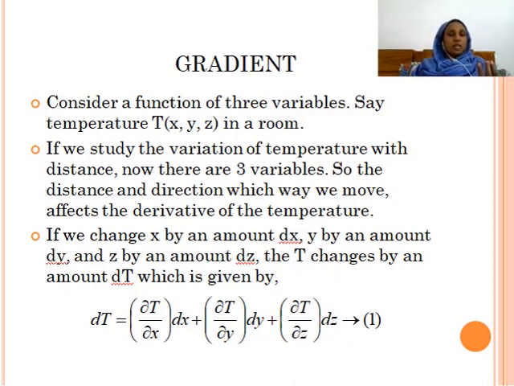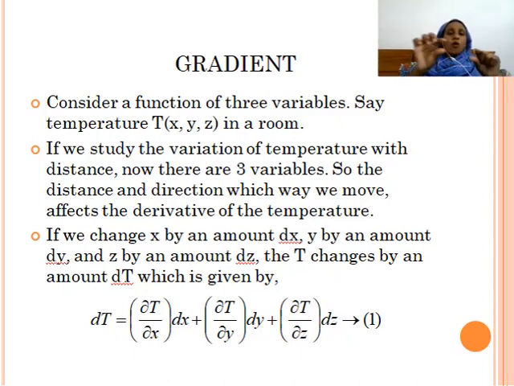So here the temperature is a function of three variables: x, y and z. Suppose now we want to measure the change in temperature T if you vary the independent variable. Then the trouble comes because now there are three variables.